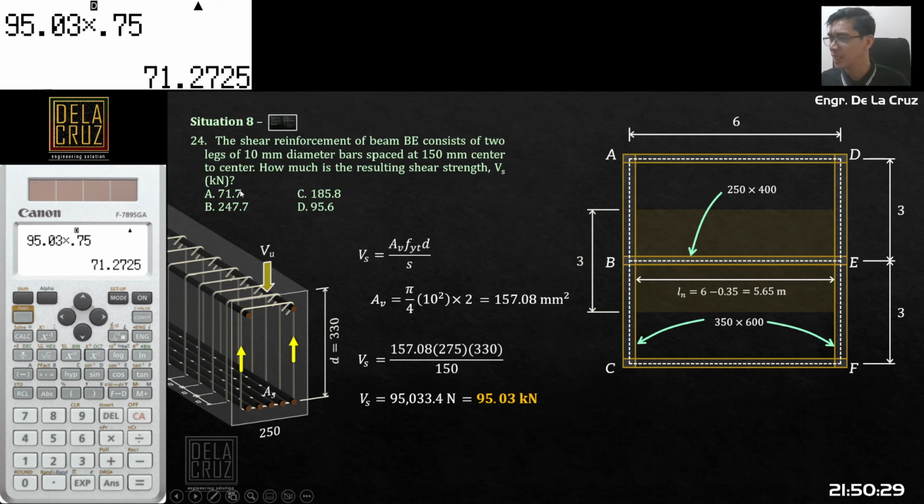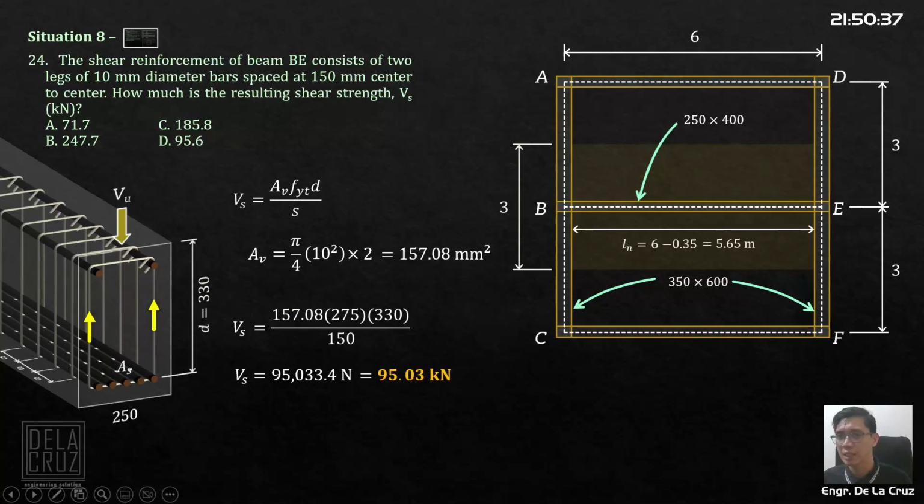So, cannot be. Hindi rin pwede. Kasi, anyway, VS yung binanggit niya, hindi phi VS. Ito lang yung VS. According to the code yan. Most likely, baka nagkamali lang dito sa pag-type ng numbers dyan, no? So, yung answer ko dyan is 95.6 or letter D.